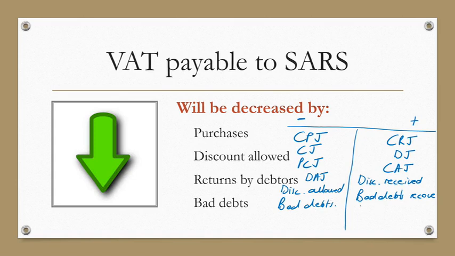And then we know drawings will always increase, because when we purchased that, we asked SARS for that money back, but now the owner is taking it, so the drawings will increase. So that's why I say you actually only have to remember that purchases decreases and sales increases the amount payable to SARS. And then you can work from there whether it must increase or decrease.